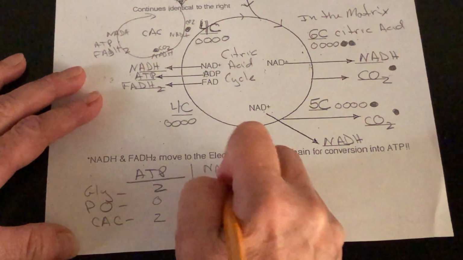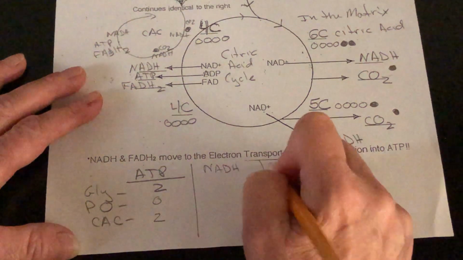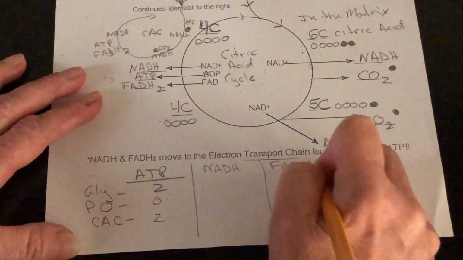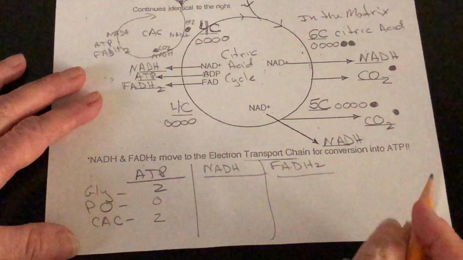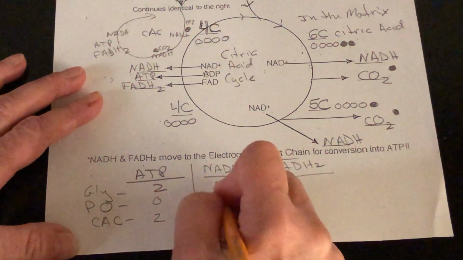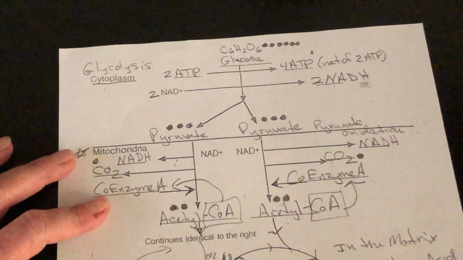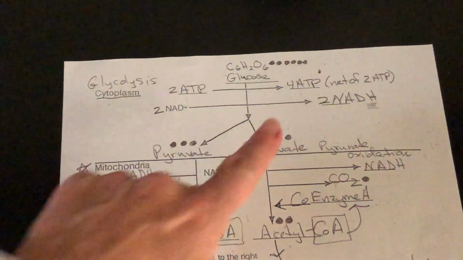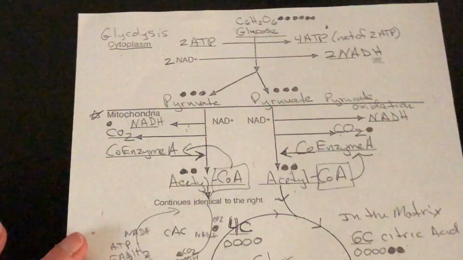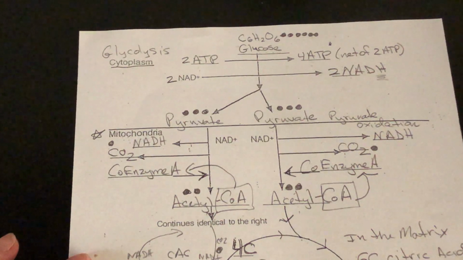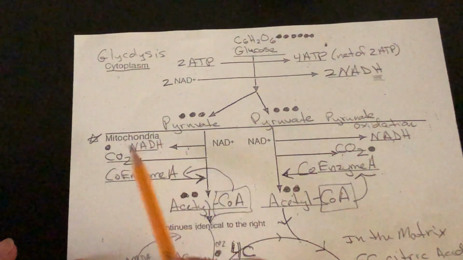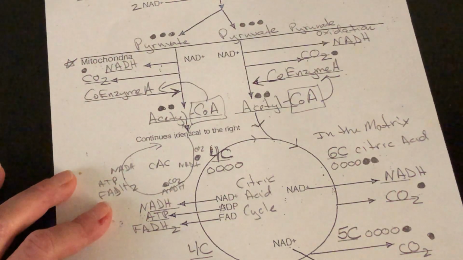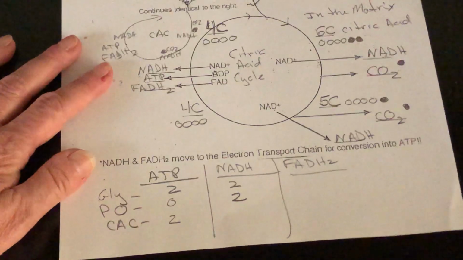But we did make NADHs, and we did make FADH2. So in glycolysis, we made 2 NADHs. If we go back up here, okay, 2 NADHs. What did we make in pyruvate oxidation? Oops, 1, 2. So we made 2 in pyruvate oxidation, okay.